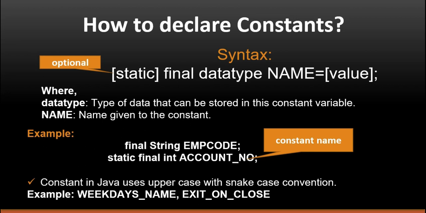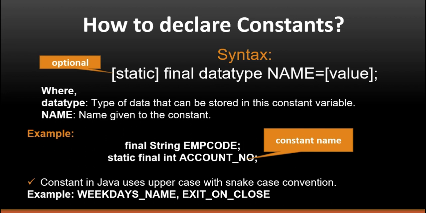Again, constants are also going to occupy memory. After name, we have equal to value. Again, value is optional. If you want to assign a value during declaration, then you can write equal to value. Otherwise, after declaration also, you can assign a value to the constant. So, here is the example.